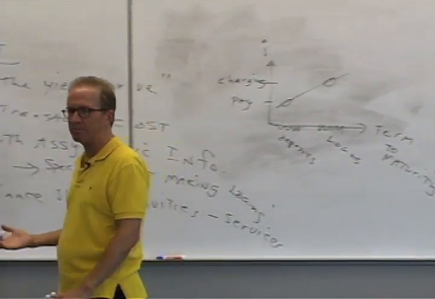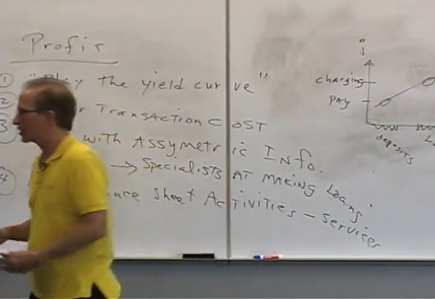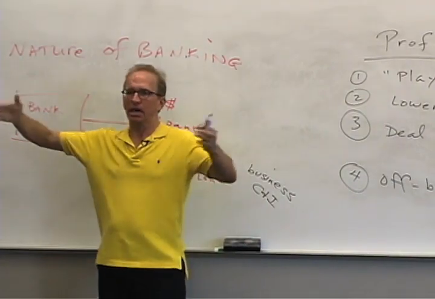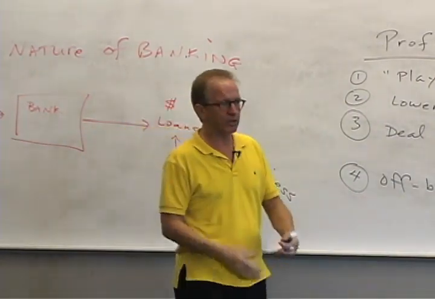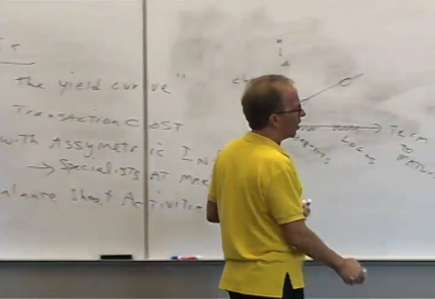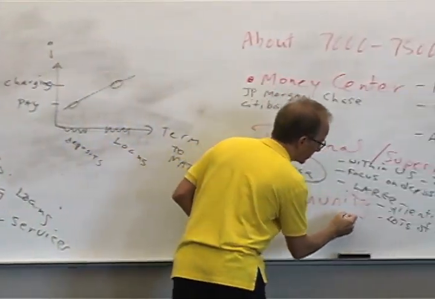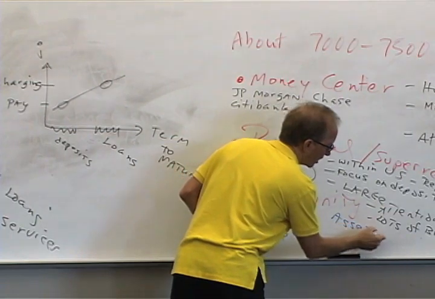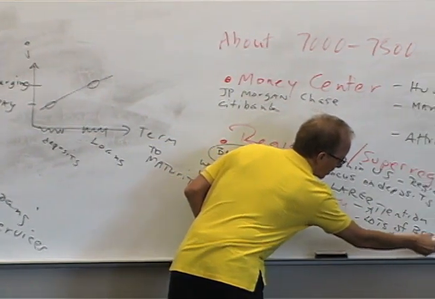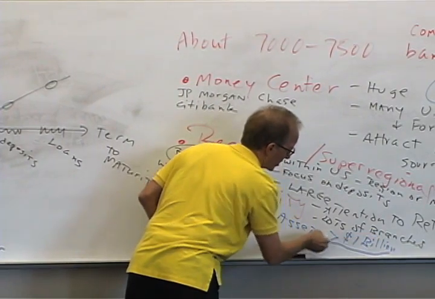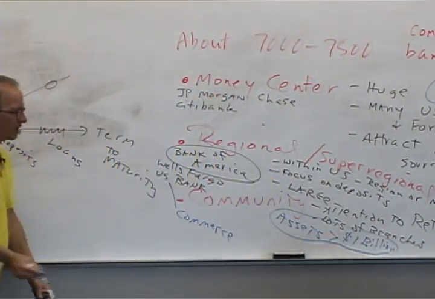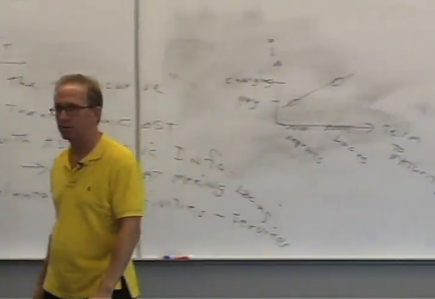And they are defined by this sort of focus on retail banking and then operations in multiple states throughout a region. But all of them have assets of greater than $1 billion. These regional banks. If they had assets below $1 billion, we'd put them in this next category of community banks.